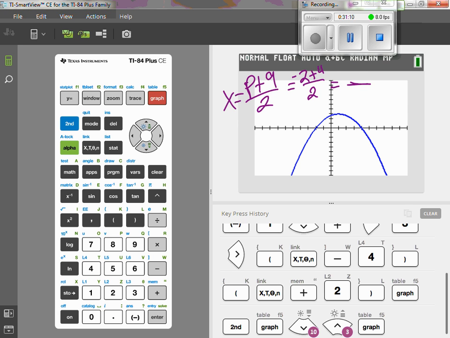Well, negative 2 plus 4 is going to be 2, and 2 over 2 is 1, yes? Are we good with finding that value? Yes. So we took those values of x that made y 0, added them together and divided by 2 and found out that it's 1, yes?